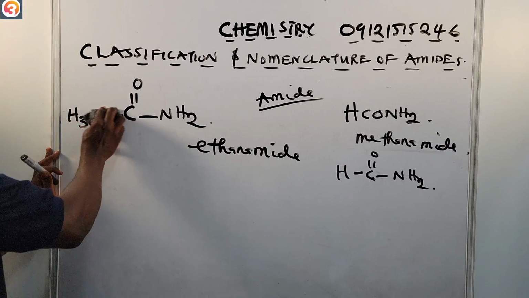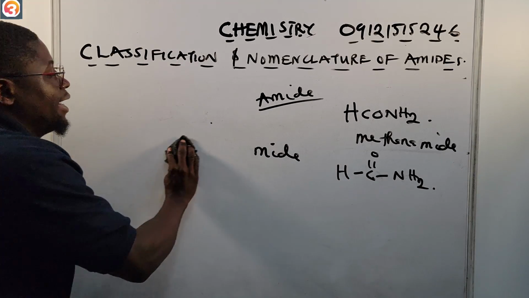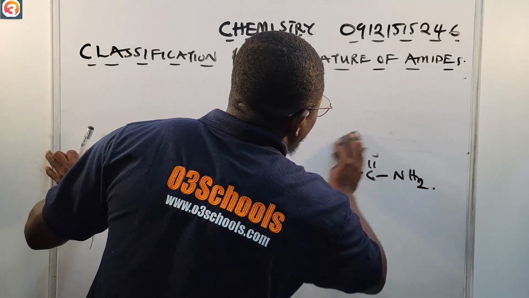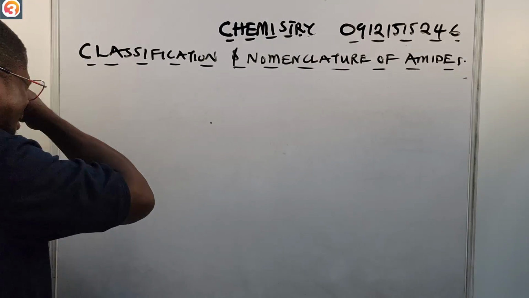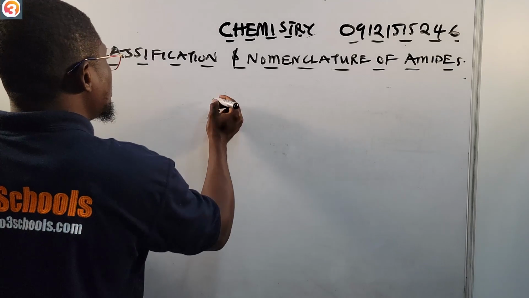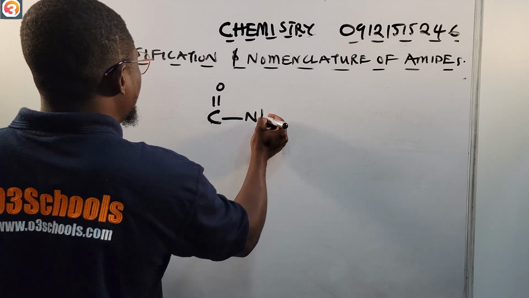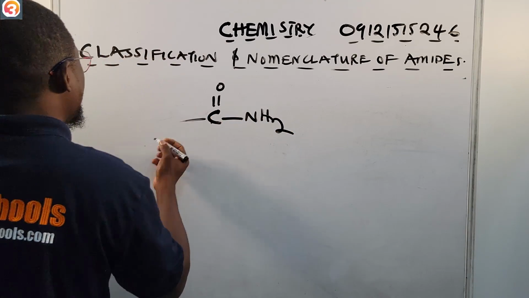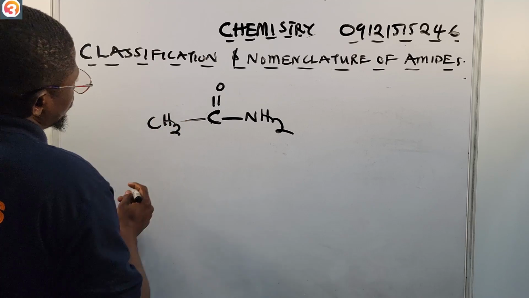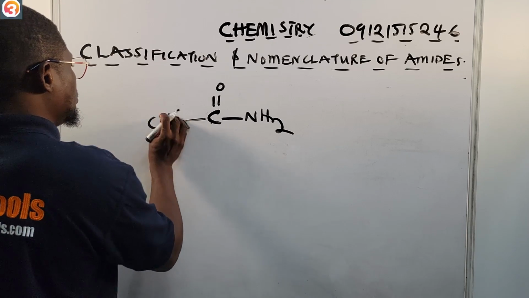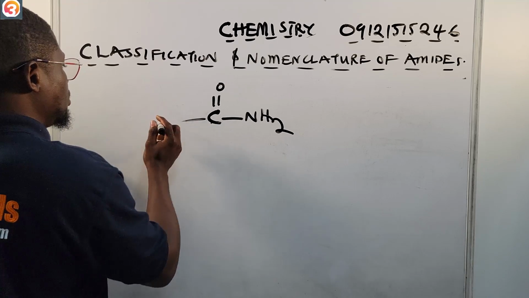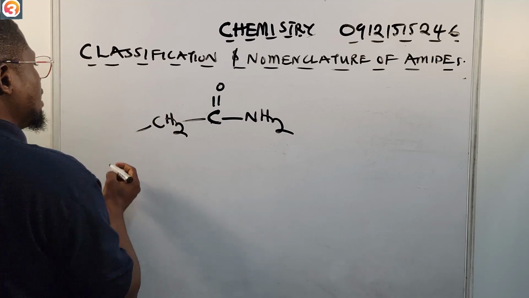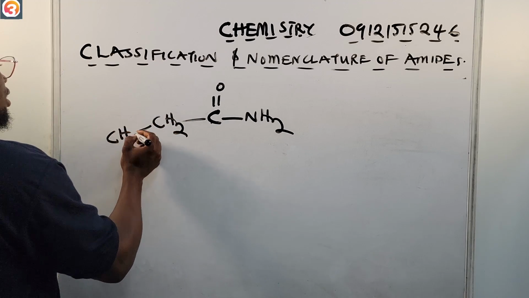Now let us proceed to even more difficult terrains. Now let us increase the chain of carbon atoms. Let's say we have C double bonded to O, then have your NH2. Then here we have our CH2, then here, let's say we have our CH3.